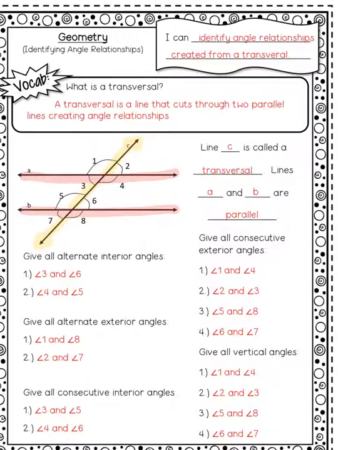Number 1 asks me to give all the alternate interior angles. The interior angles are the ones inside the parallel lines. So I'm going to erase what I've highlighted already, and I'm going to highlight the interior angles.